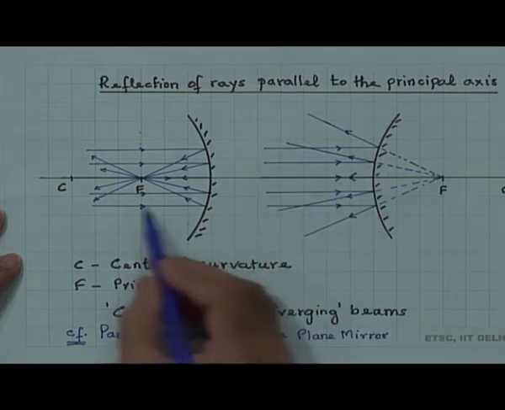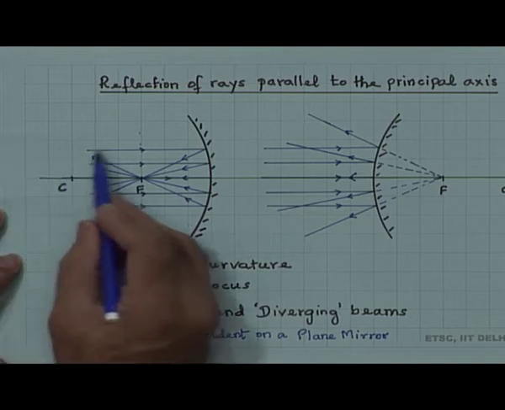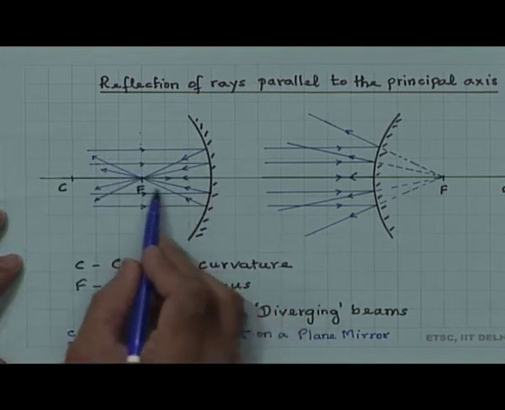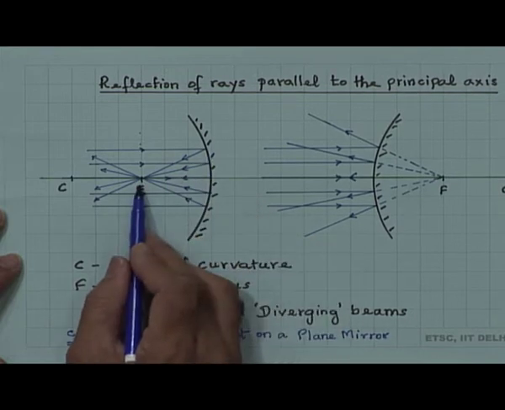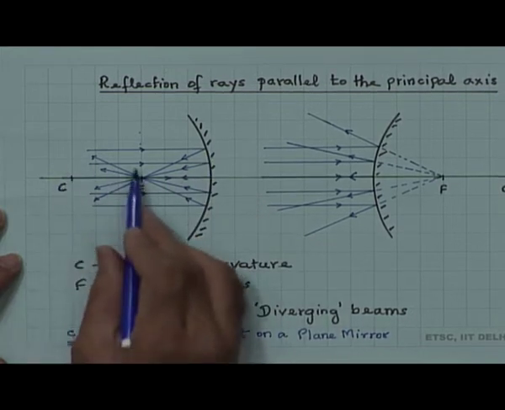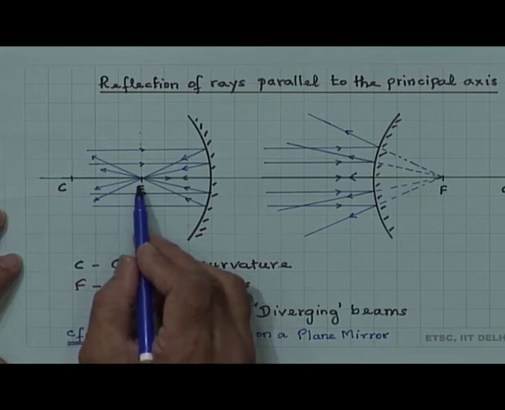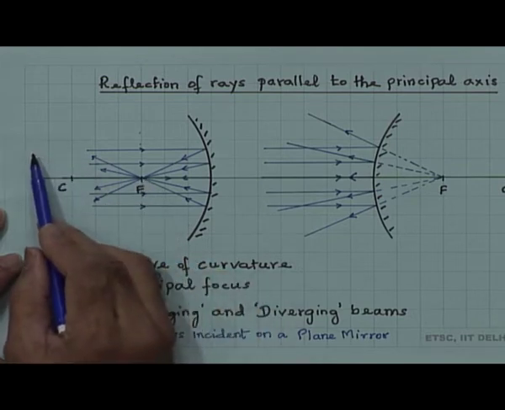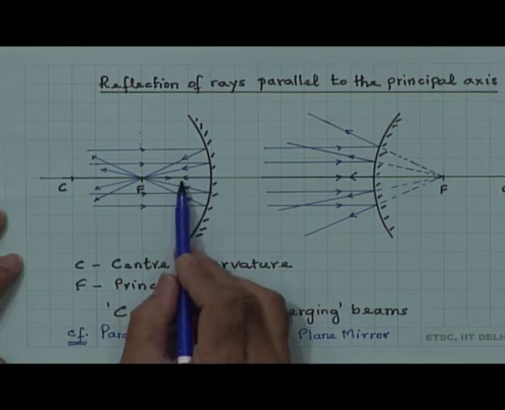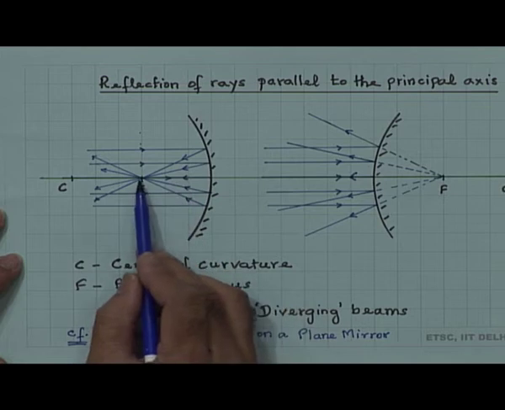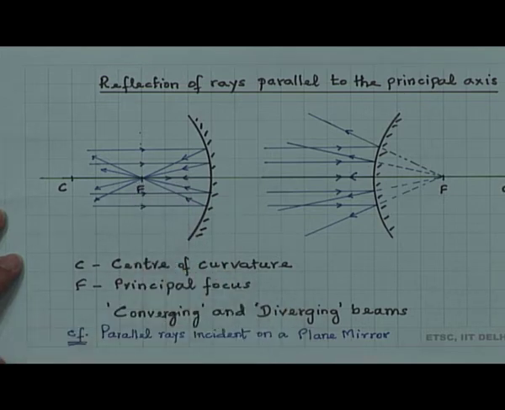As you can see, in this case a parallel incident beam was converging or focusing to a point here. Of course, after the focus it is again diverging, but we are looking at the focus. Focus is a point where an incident beam parallel to the principal axis will get focused, and that is called the principal focus.